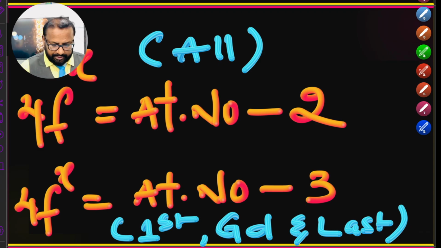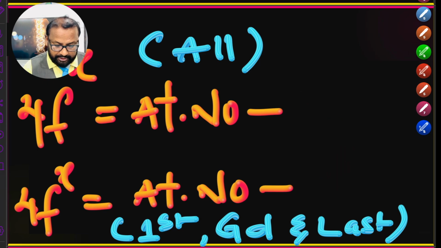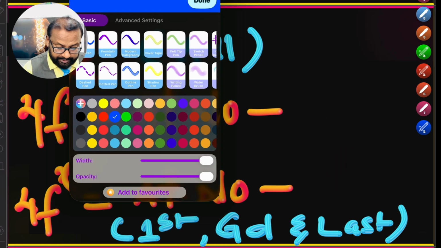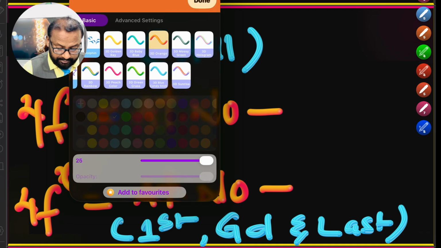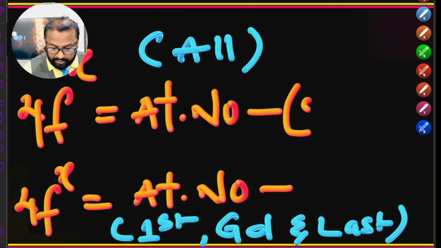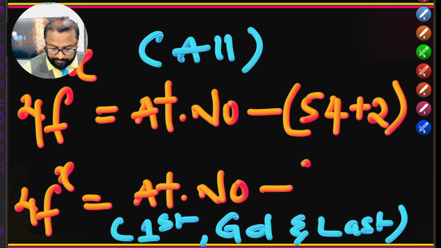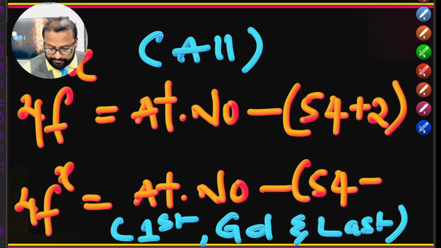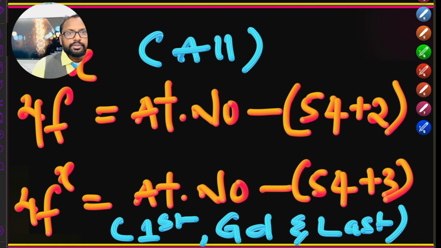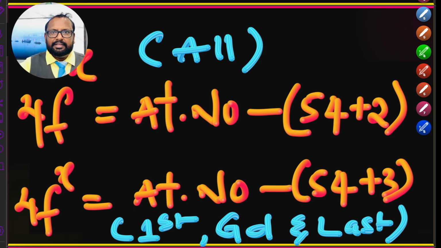Wait a minute, it should be 54 plus 3. Yeah. So that is the formula to calculate f electrons in lanthanides or actinides.